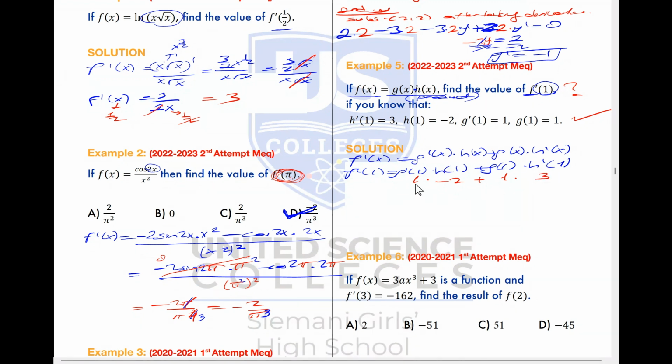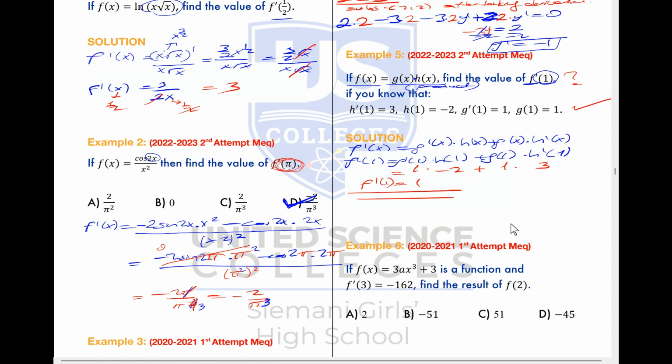See, everything is given. All I have to do is taking derivative and replacing the given. 1 times negative 2, plus 1 times 3, negative 2 plus 3 is 1. So f prime of 1 is 1. Alright.